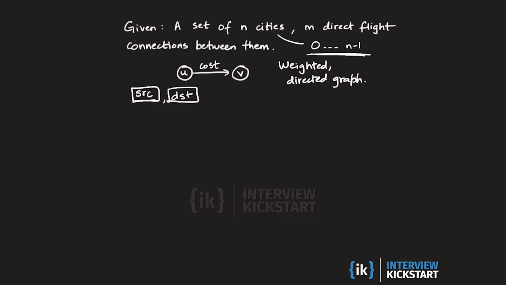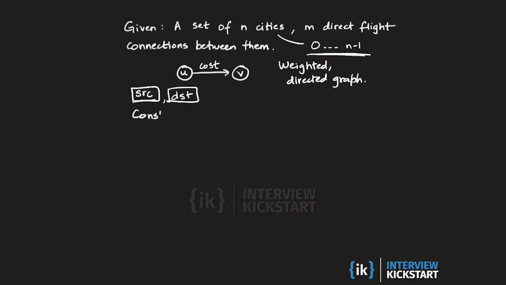If the problem had been to find out the cheapest way to start from the source and to reach the given destination, that is something we could do using Dijkstra's algorithm. But this problem has an added constraint.